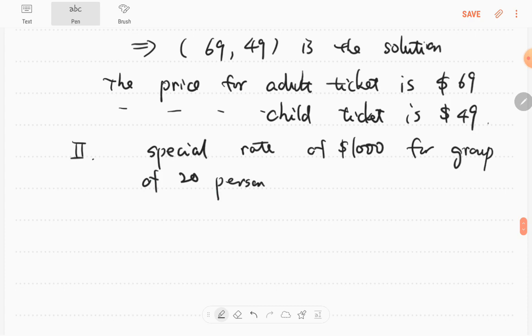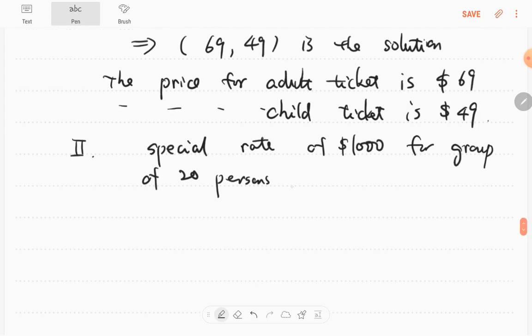So no matter if it's child or adult, if 20 persons, we can get a special rate, 20 persons, $1,000. If we have this group, we have a group of 4 adults and 16 children.